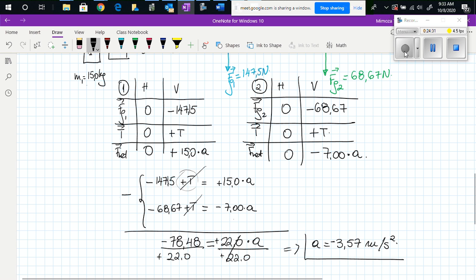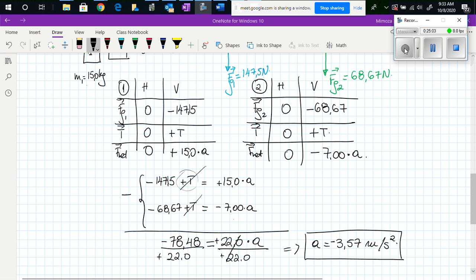This negative sign of the acceleration, when we do not have friction, and in pulleys we don't have friction, means that the direction that we have chosen is the opposite, is not right.